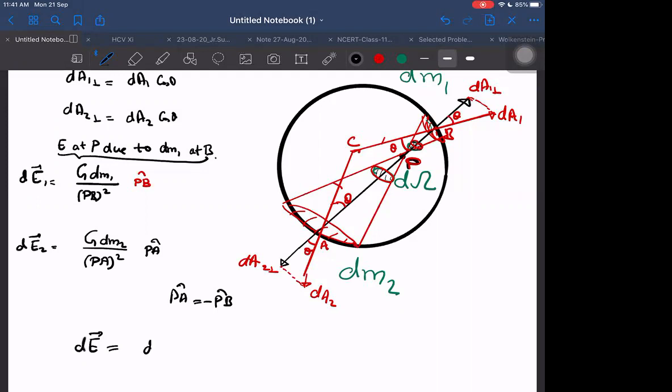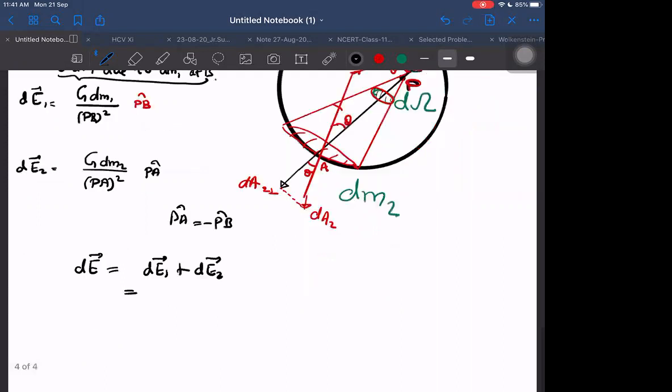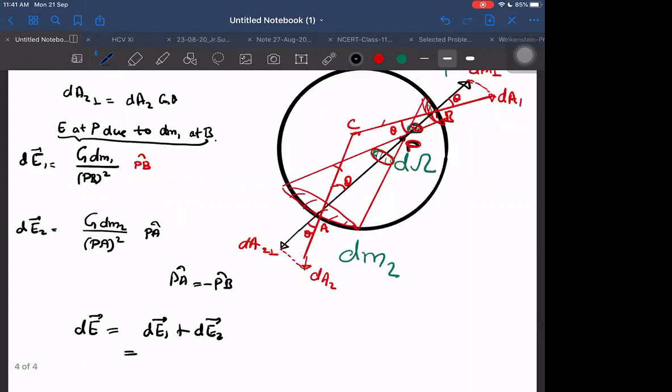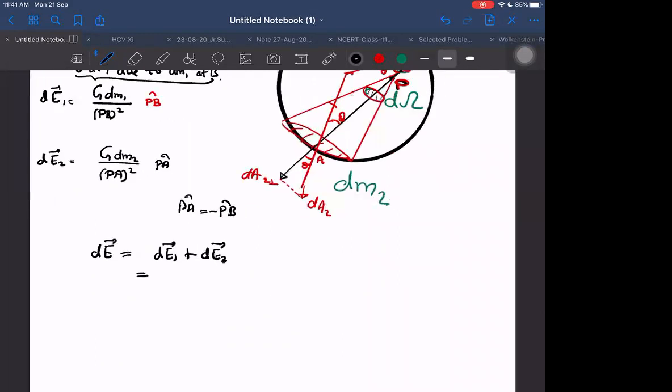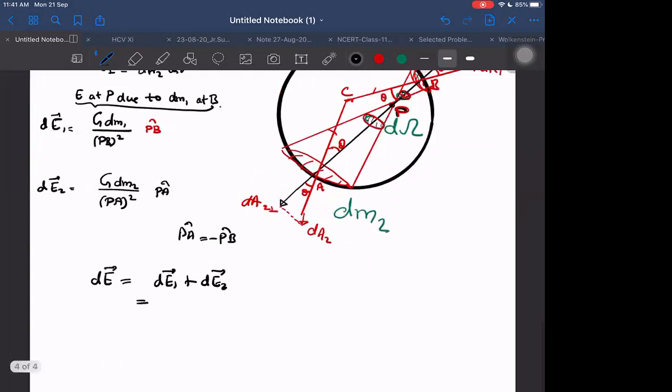Let us call dE equal to dE1 plus dE2, vector addition. When we add vectors, and these vectors are in opposite directions, are they in opposite directions? Yes, sir, opposite directions. So they will cancel each other. Let us find the values first.